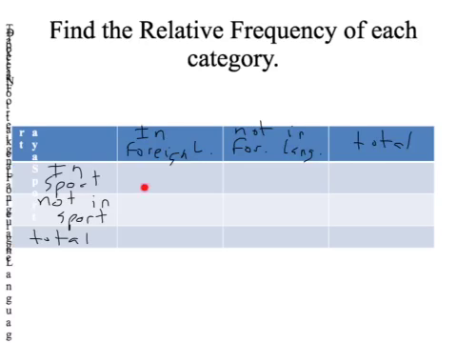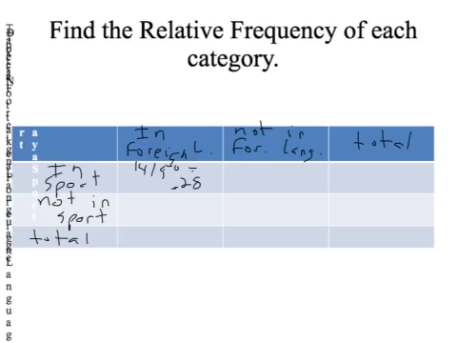So in our first box here, we had 14 students that were in a sport and in foreign language. So 14 divided by 50 would give me 0.28. So my relative frequency was 28% or 0.28.